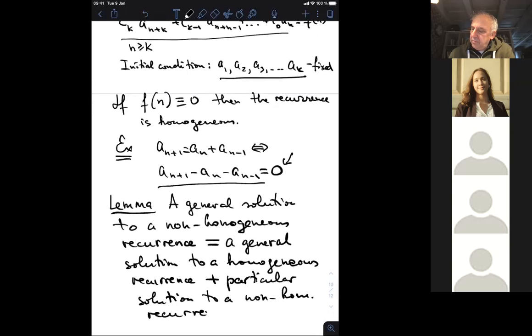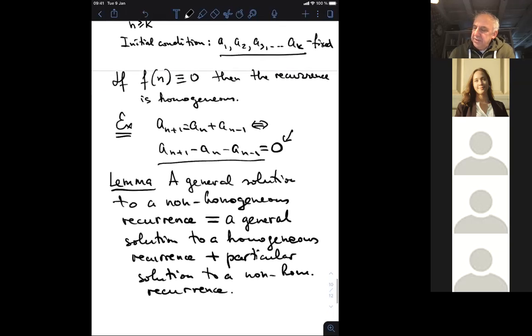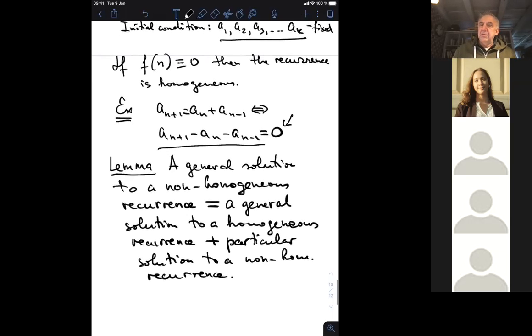So if we know just one solution to a non-homogeneous recurrence from somewhere, then we can usually get the general solution of the homogeneous recurrence. So homogeneous recurrences are much easier to handle. And then adding this particular solution of our initial problem to a general solution of the homogeneous problem, we can get all solutions of the original non-homogeneous problem.